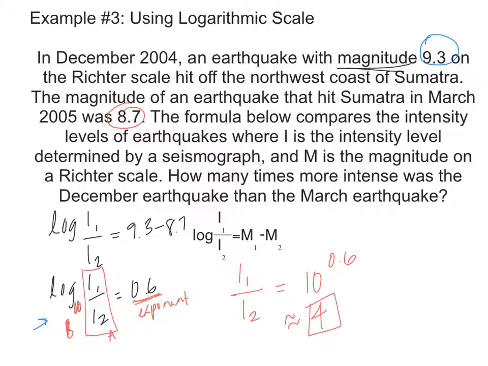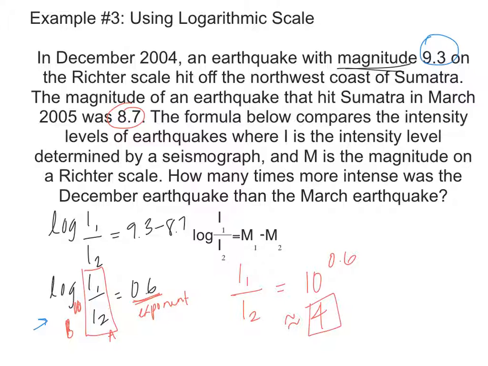And then what was at the end was the exponent, which we needed to find by subtracting the difference of the magnitudes. Then we needed to rewrite it in a form that looked acceptable to us. So we knew that the answer was equal to whatever the base was raised to that power. Once we did that, we found that raising 10 to the 0.6 would give us about 4.